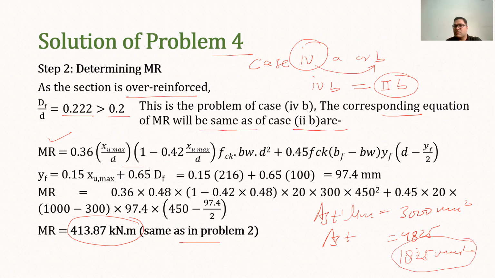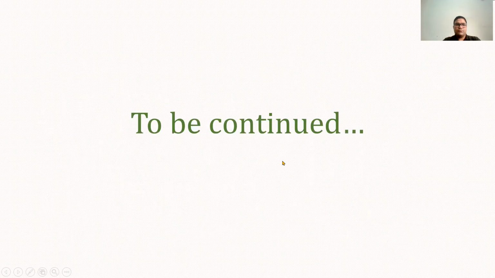We are only calculating the moment of resistance of the balanced section, because we cannot afford to design an over-reinforced section. Generally, we don't design over-reinforced sections because they can have sudden failure. So that is the solution of problem 4. Thank you.